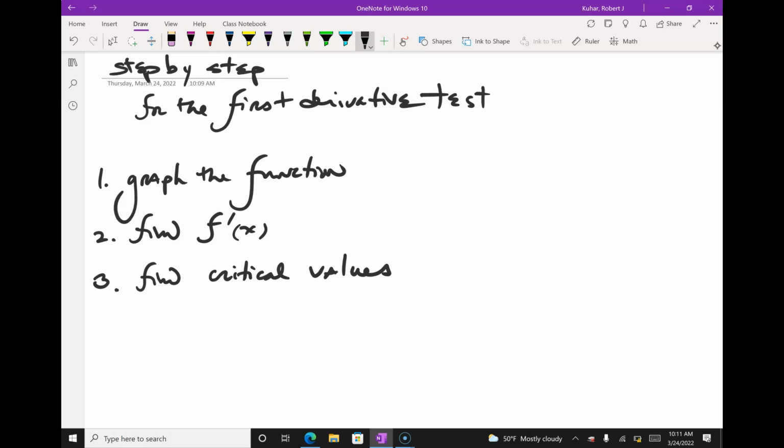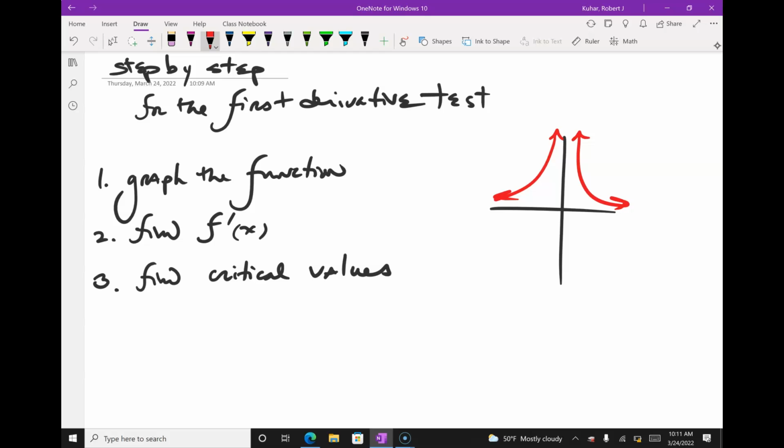Now the critical values of the first derivative could be partitions, or they could be critical values. So for example, like 1 over x, or better yet, 1 over x squared, what's it doing on the left half? Increasing or decreasing?